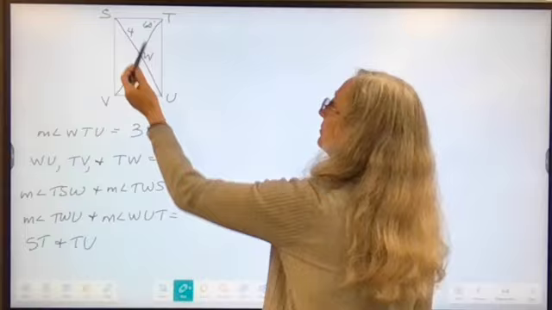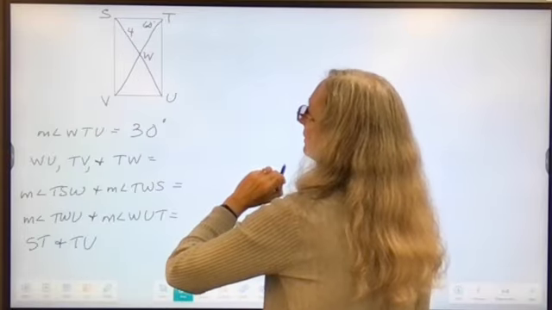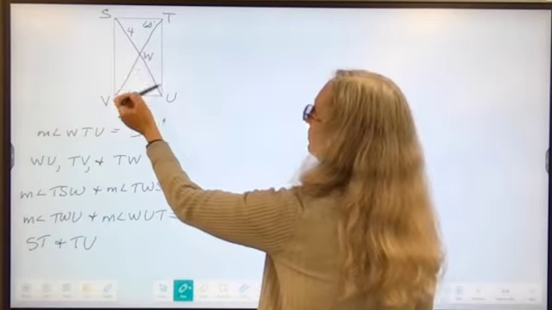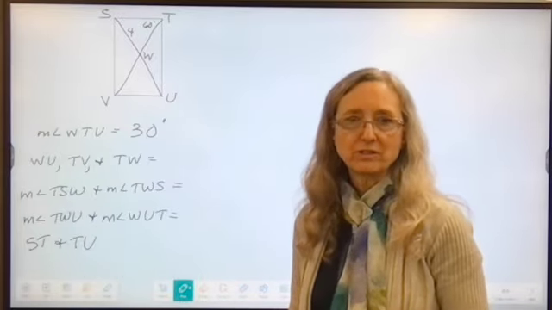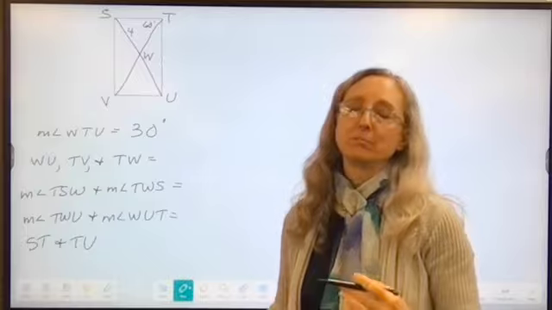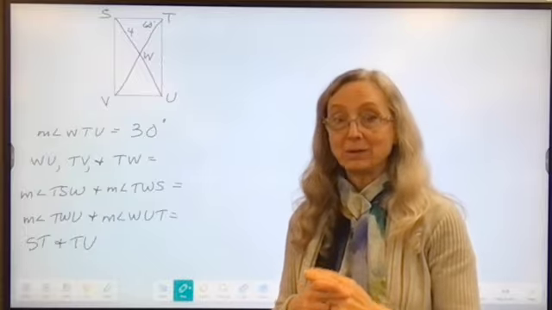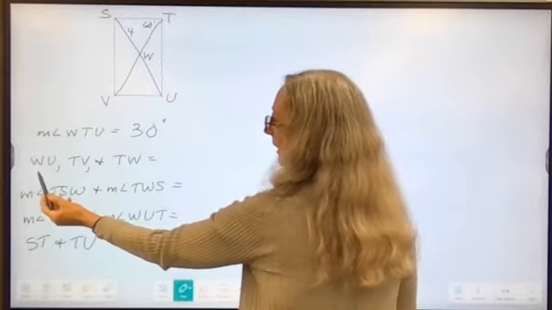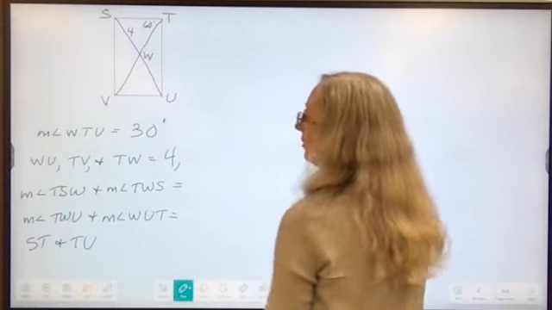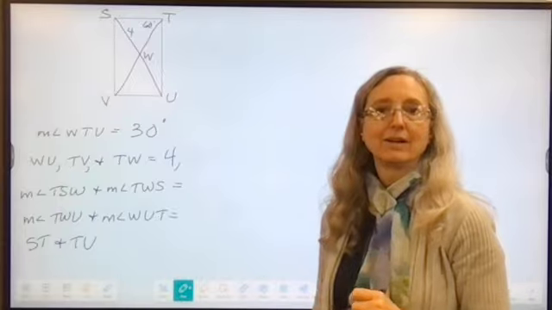Because SW is marked 4, then WU also has to be 4. Remember, a rectangle is a special type of parallelogram, and in parallelograms, the diagonals bisect each other. So if this half is 4, the other half, WU, is also 4.